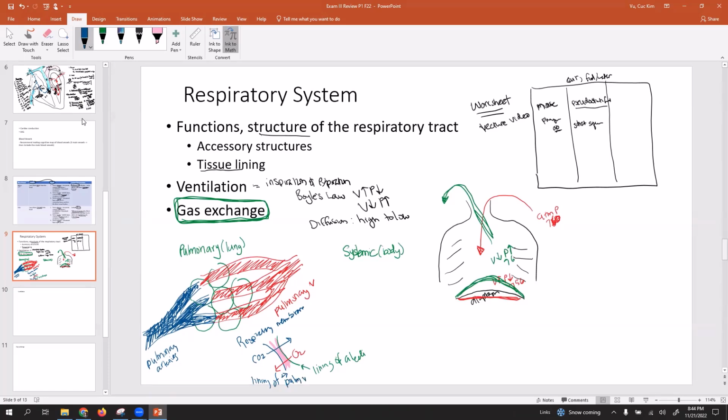The pulmonary vein. Vein vessel. Yeah. So then the exchange happens, and then the blood vessel becomes the pulmonary veins, and then it carries it back towards the heart. Does that make sense? Questions?